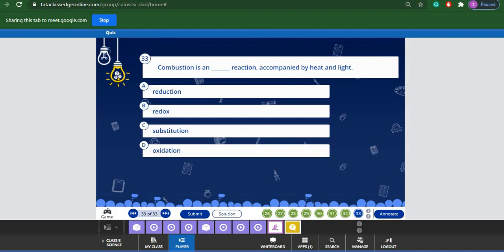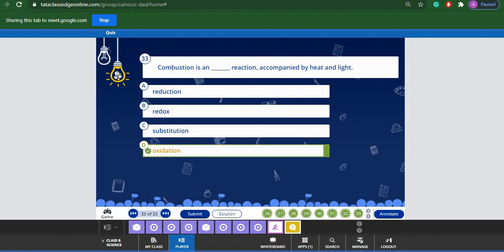Sir, C. Substitution. Everyone agree with Lisa? With saying D? Mania, right? Yes, sir. Okay, what about Vedant? Is it D or something else? D. It's right.